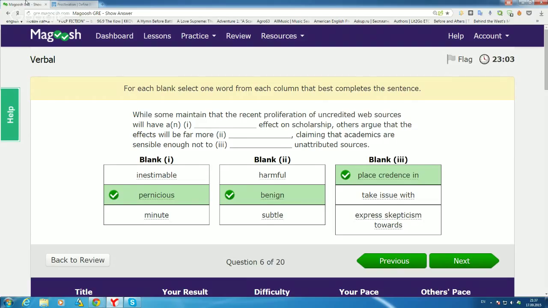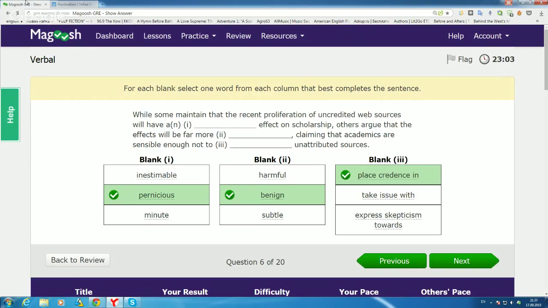For those of you who can't see John right now, when John is thinking hard, he starts breathing really hard. What does it mean to be sensible enough? To have a lot of senses. We can call it intelligence. They are intelligent. They think. They are smart enough. I see. So believing that researchers are smart enough not to blank unattributed sources.